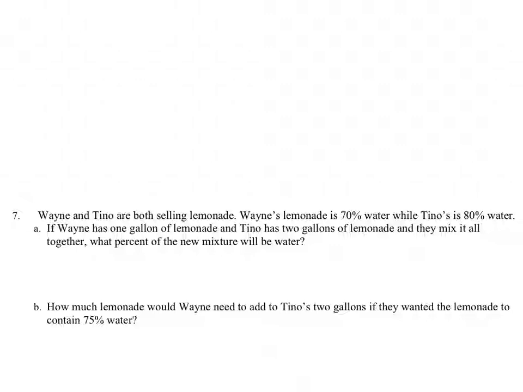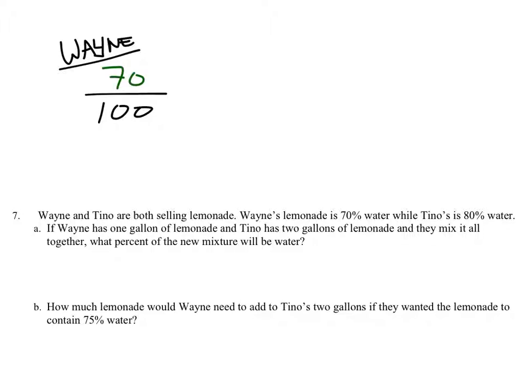All right, so let's look at Wayne first here. Wayne has 70% water, and that is for 1 gallon. So if we look at the 100, he's got 70% water, and this should equal, overall, 100% of the mixture, which is 1 gallon.